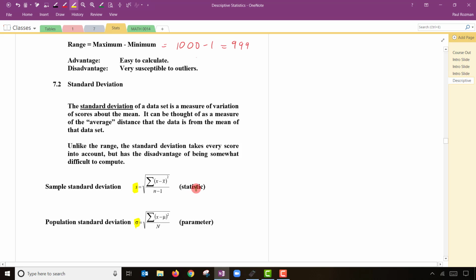A quick example might be our class. You all wrote an assignment last week, and I may want to determine the standard deviation. How varied are the scores on last week's assignment? Now, I could view my class as the entire population. I could maybe call you guys a population, and then I would use this formula.